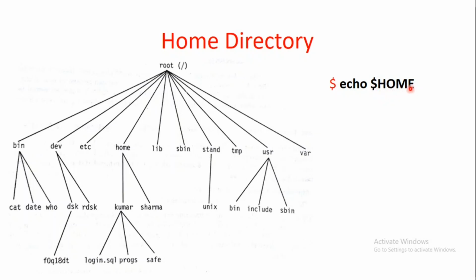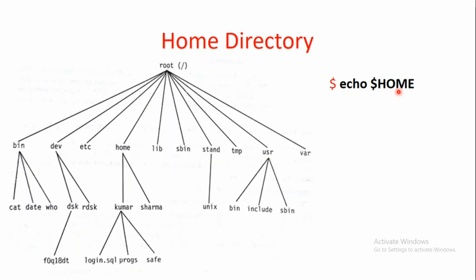But if I want to retrieve the value of this variable, then I have to make use of the display command echo, followed by the argument $HOME, which says the value of the variable HOME. So I will be displaying the value of the variable HOME.